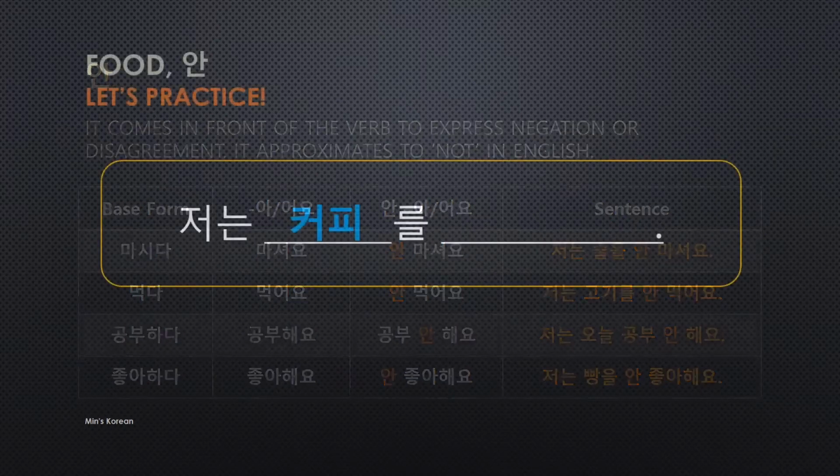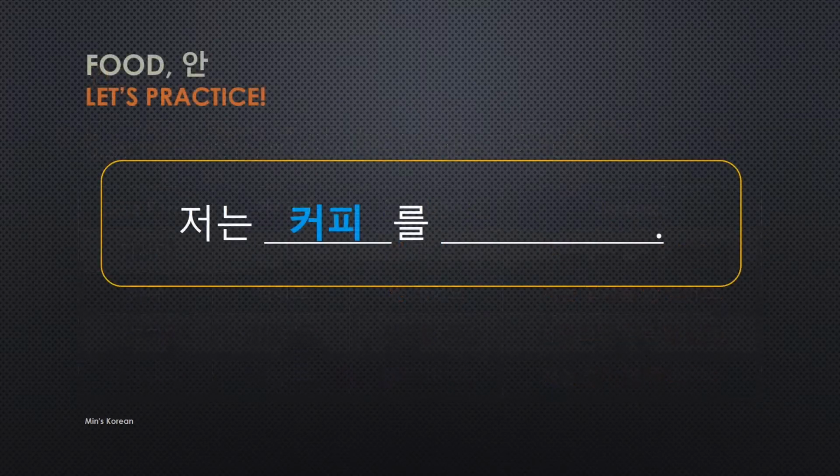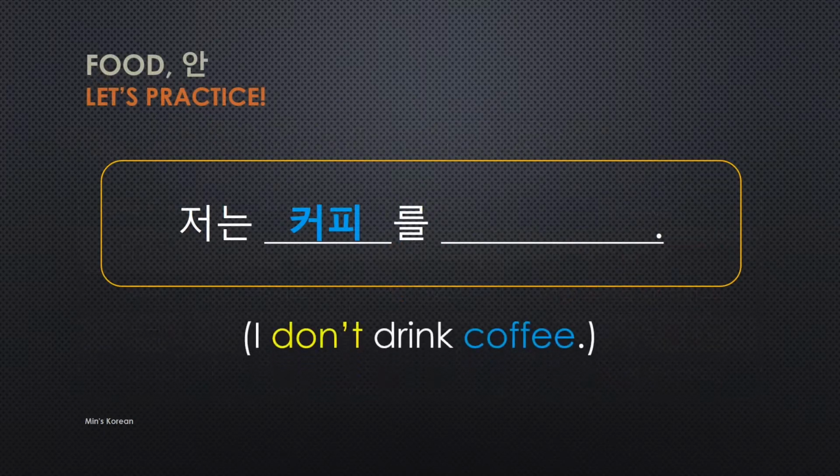자, then let's practice. 자, if you want to say I don't drink coffee, then how can you say? 예, 저는 커피를 don't drink. Good. 안 마셔요. 마시다 drink, don't do not 안.